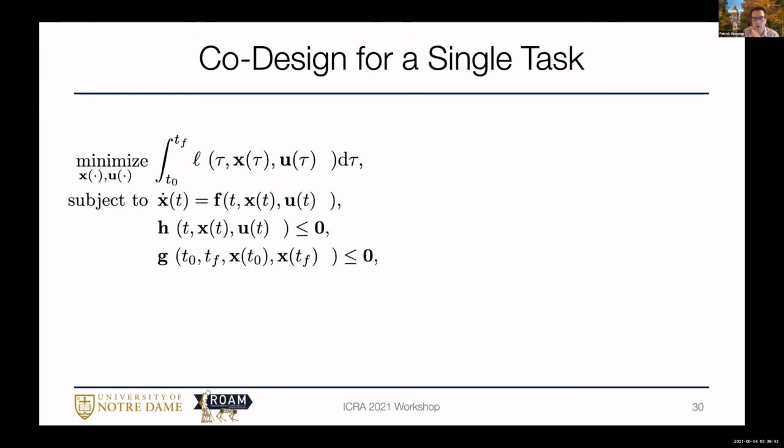So in terms of what we've been doing to address this design problem, we've been trying to use some of our tools from trajectory optimization. Before we were looking in discrete time, now I'm looking in continuous time. If you wanted to solve an optimal control problem, you'd have some cost, some dynamics constraints, maybe some path constraints, and some boundary constraints.